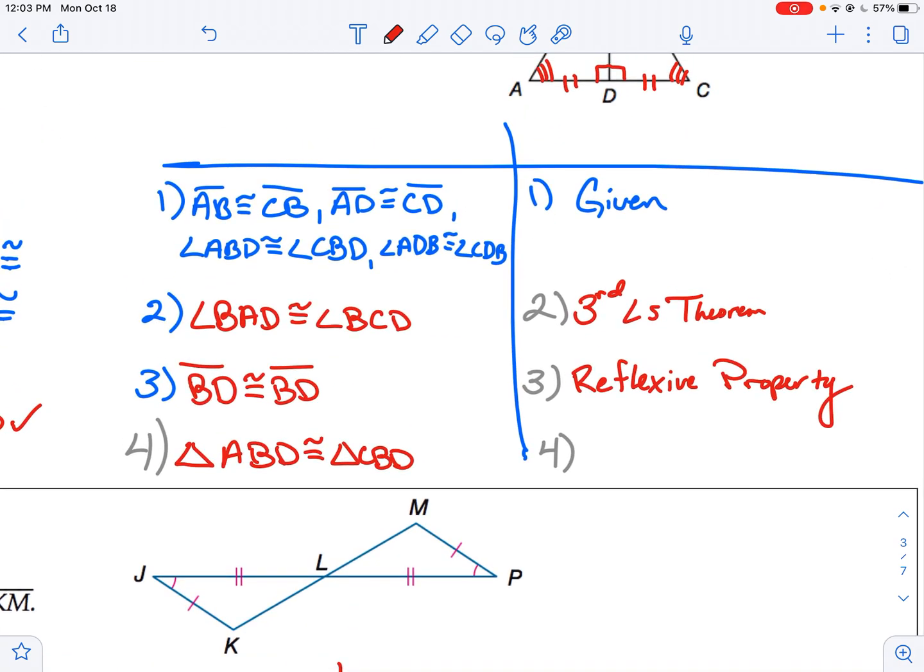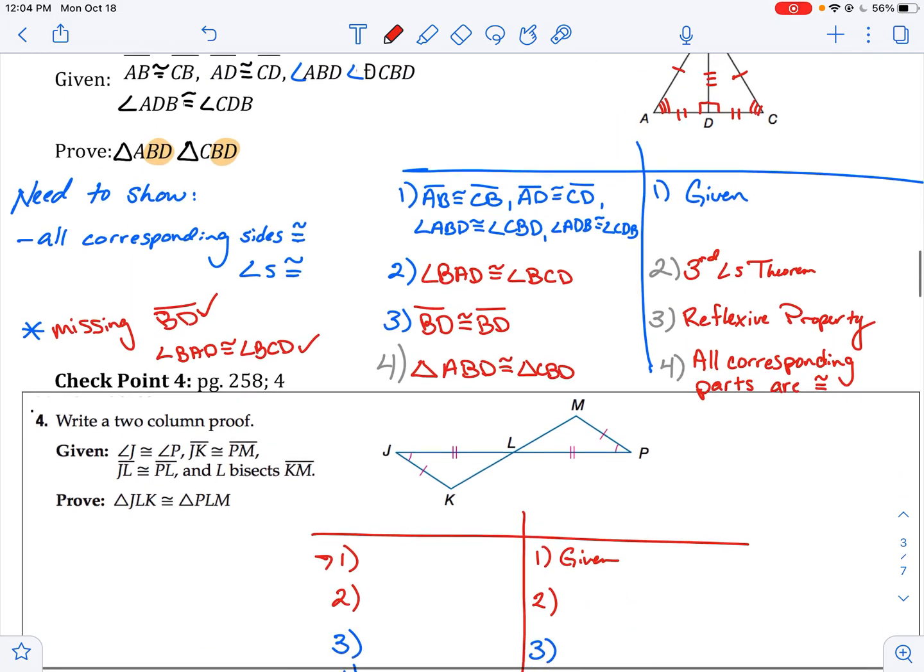I would just say that all corresponding parts are congruent. You could also say that it's the definition of congruent polygons, also an option.